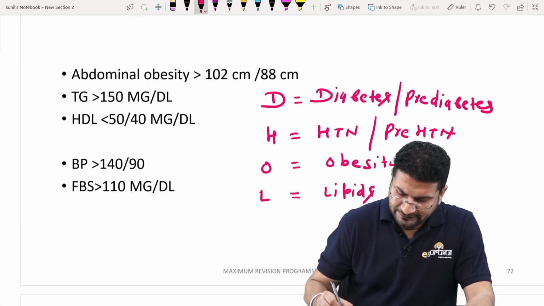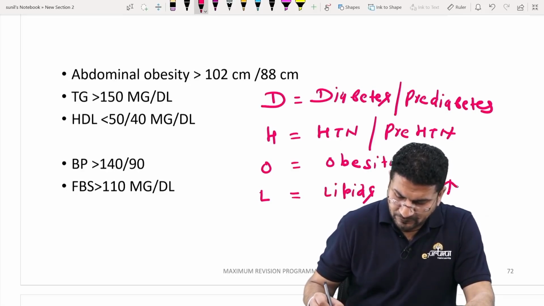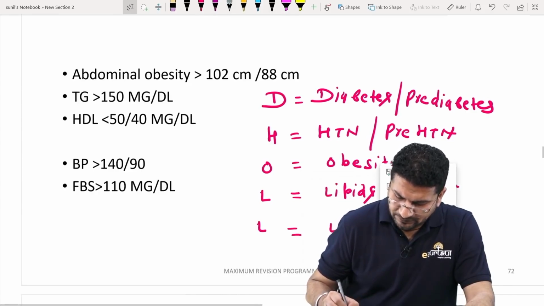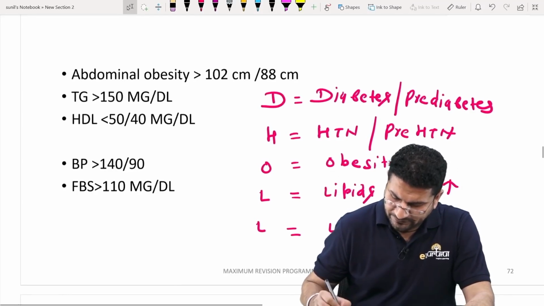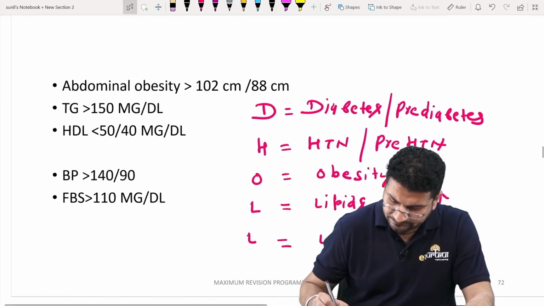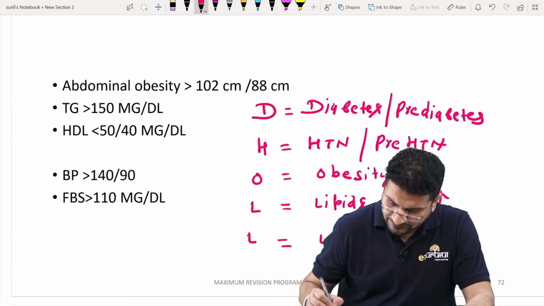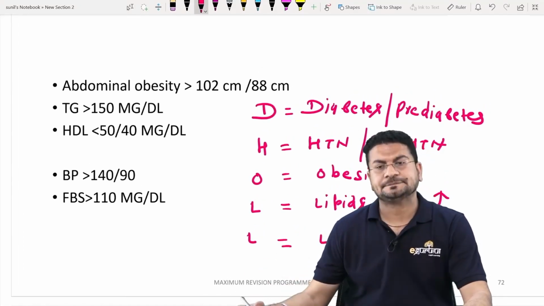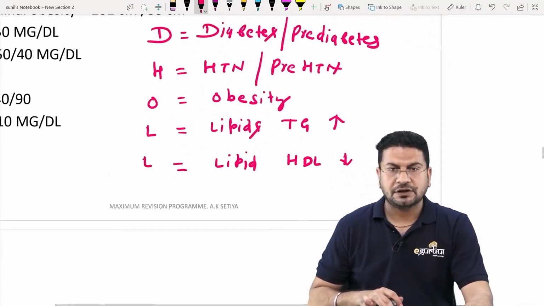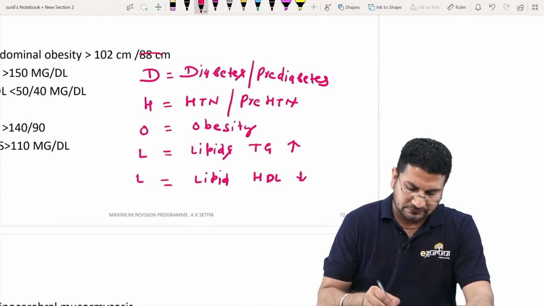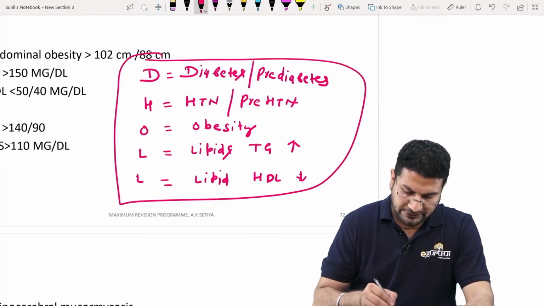Which lipids? Triglyceride levels are more. One more lipid is your HDL. HDL levels are decreased. So in front of you, you can notice you have DHOL.